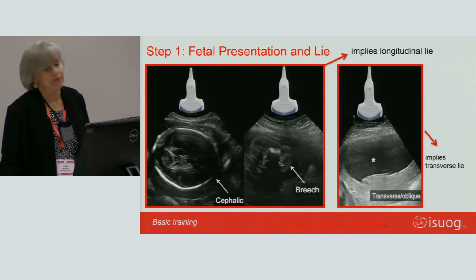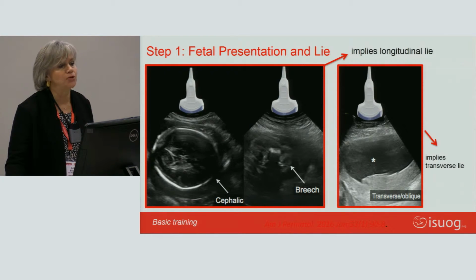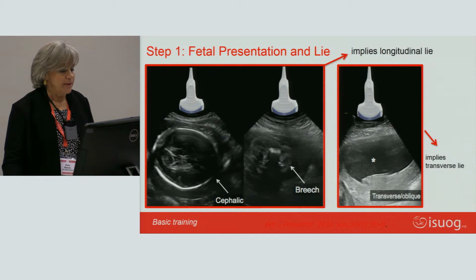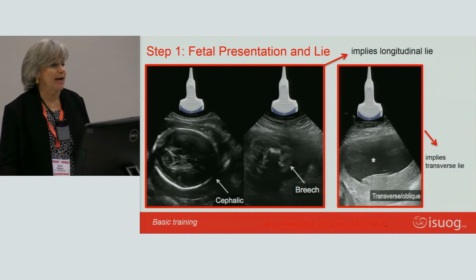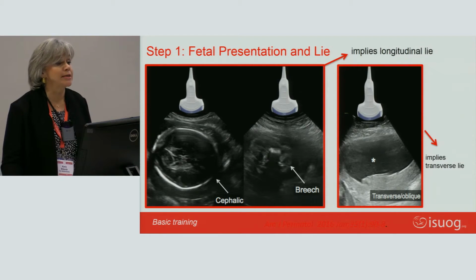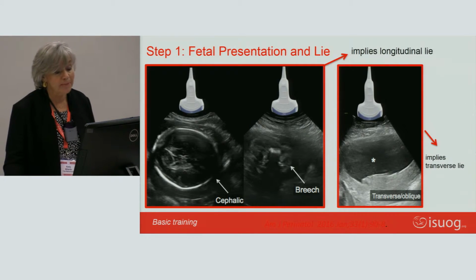The other scenario is that it will be breech, and then you may see the feet, you may see the knee, you may see the buttock of the baby. And then there is a third scenario, where you will see amniotic fluid. And maybe you will also see a placenta on the posterior wall or on the anterior wall.